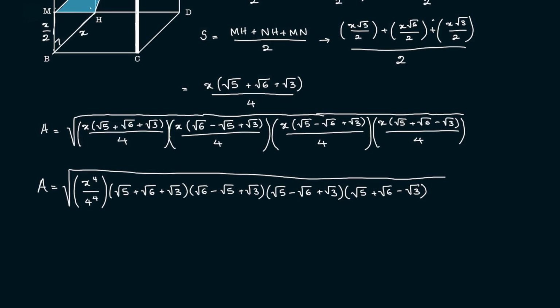Alright, now this x to the 4th over 4 to the 4th. Since both are being raised to the 4th power, this is going to be a perfect square. So we can take it out of the square root, and we can simplify this into the area of x squared over 4 squared, which is just 16, times this massive square root of these 4 factors.